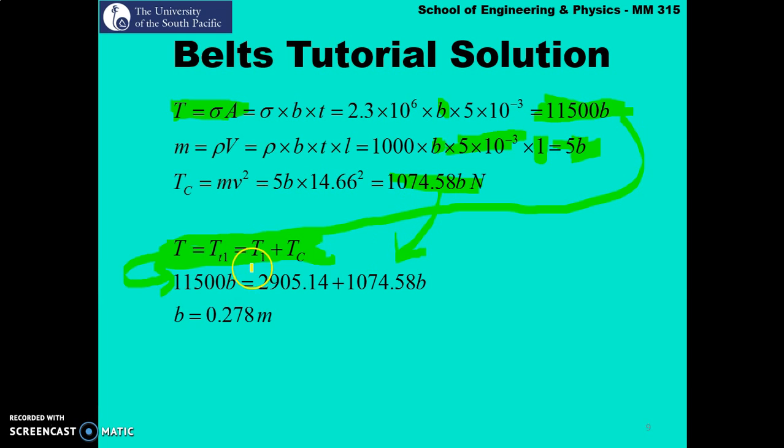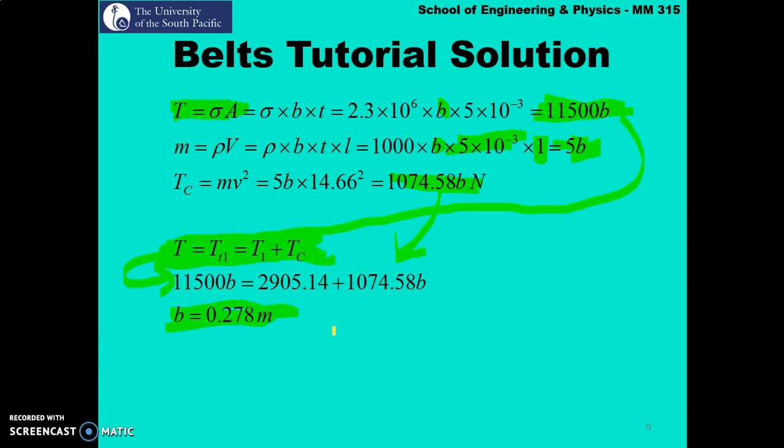So 11,500 B equals 2,905.14 plus 1,074.58 B. Making B the subject of the formula, we solve that the width of the belt is 0.278 meters.